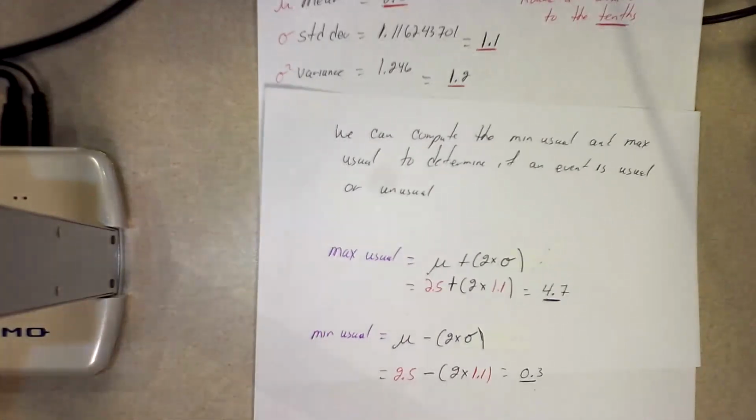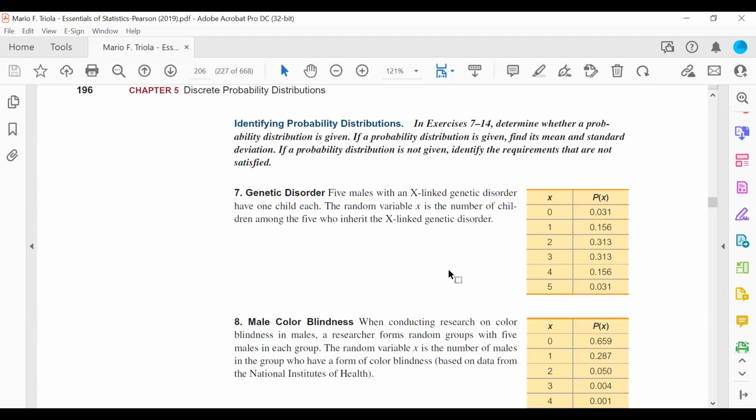So the table that we were talking about had to deal with, I believe, genetic disorders among males. The random variable X is the number of children among the 5 who inherit the X-linked genetic disorder.